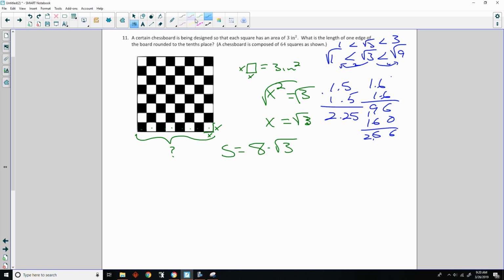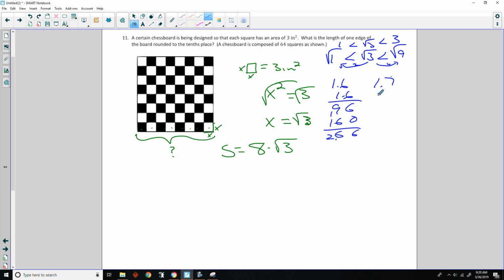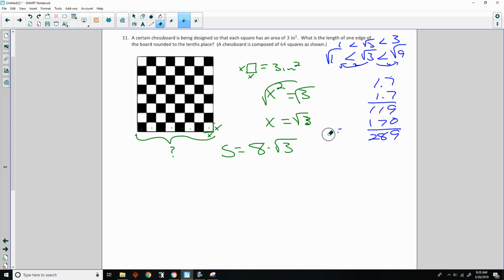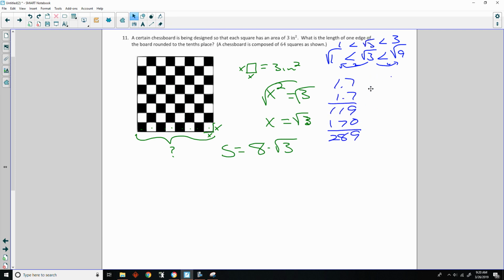So we're working our way to the right now. So let's move this over here and try 1.7. Still less than 3, but we're getting closer. So I know that the square root of 3 is more than 1.7. So we'll try 1.8.